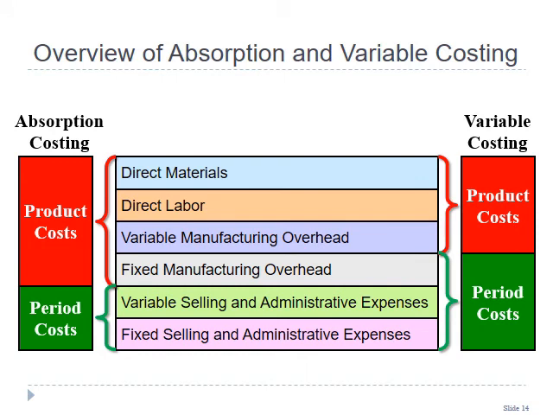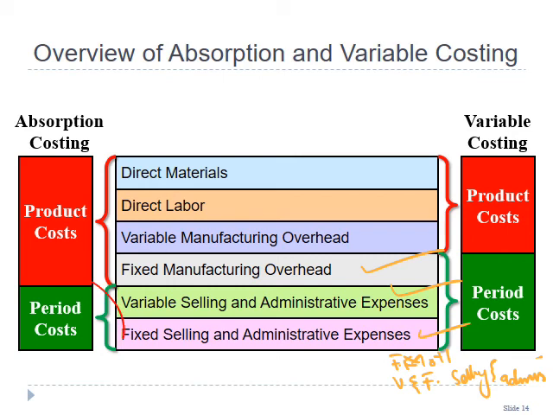For the period cost, variable costing consists of fixed manufacturing overhead and variable and fixed selling and admin expenses.